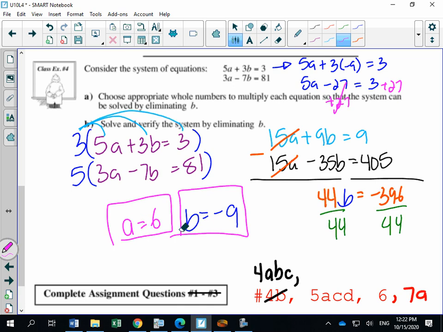Okay, for your homework, let's get a couple things circled. Okay, so you guys, for number 1, could you circle B and D? So number 1, B and D. Number 2, B and D. So 1BD, 2BD, 3AC, 4ABC.